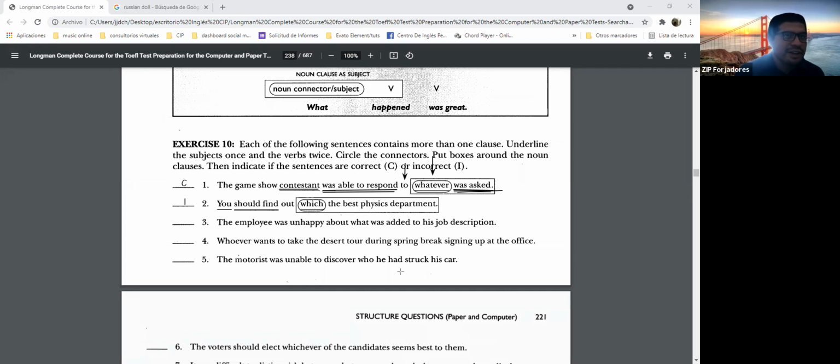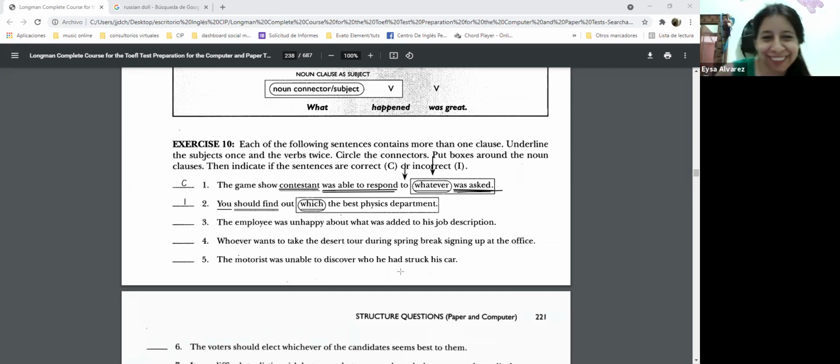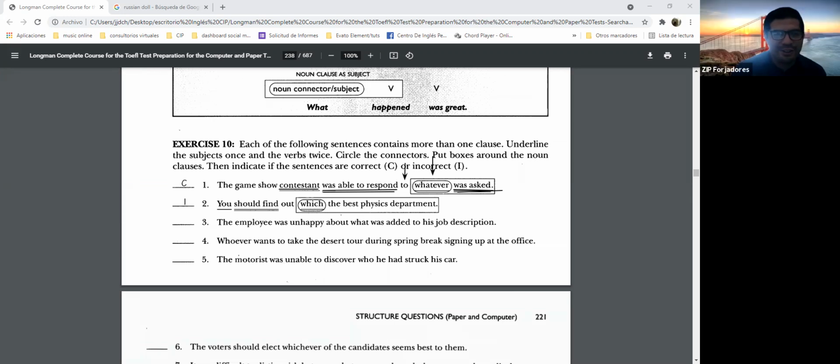Question? I was confused because I thought that the game show was the subject. Well, it's all an adjective: the game show contestant is all the subject, and the game show is an adjective.